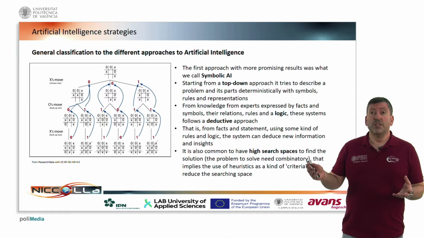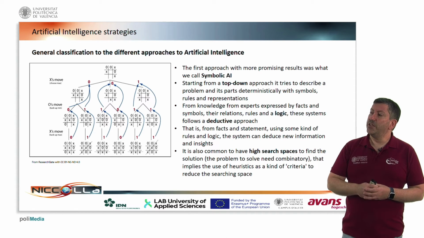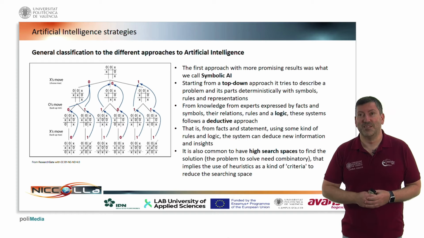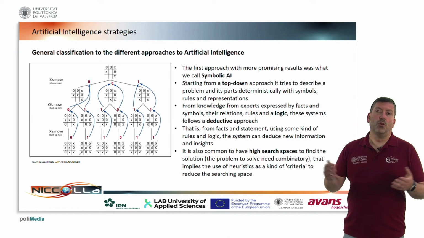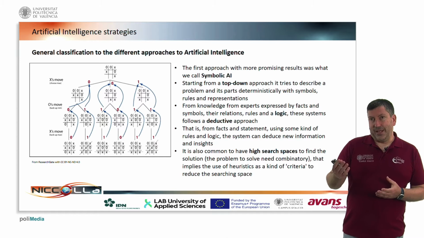Well, in tic-tac-toe this is possible, but what happens with chess? What happens with, for example, the Asian game Go? The problem is that the number of combinations, if you calculate them, is higher than the number of atoms in the universe. So there's no way to solve the problem with this technique, okay?